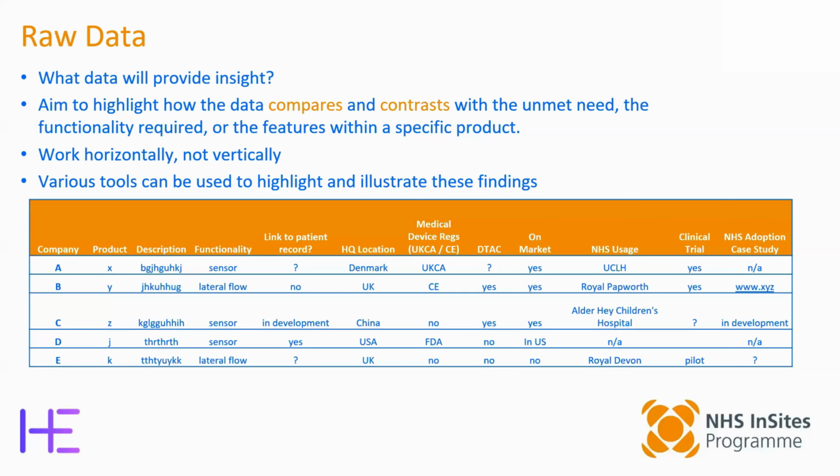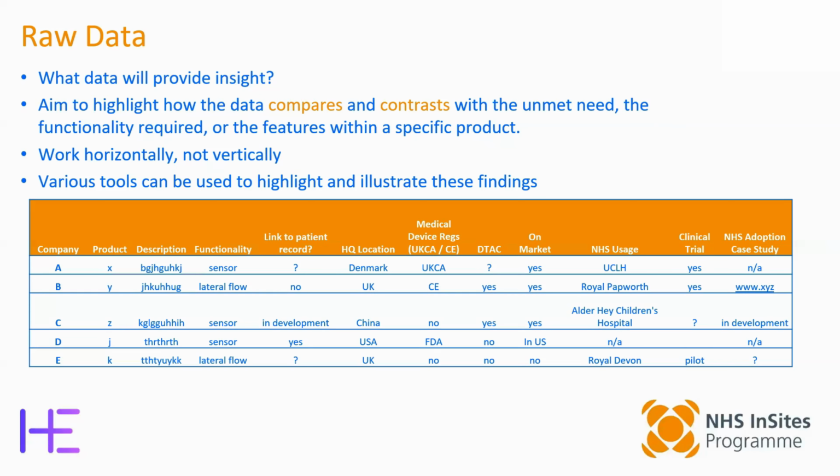So I've put a note in there about working horizontally and not vertically. If you have limited time, and it's likely that you will, don't spend the bulk of your time working vertically. Don't spend 80% of the time looking for apps in a particular clinical area, because then you've only got 20% of the time to fill in the other columns.